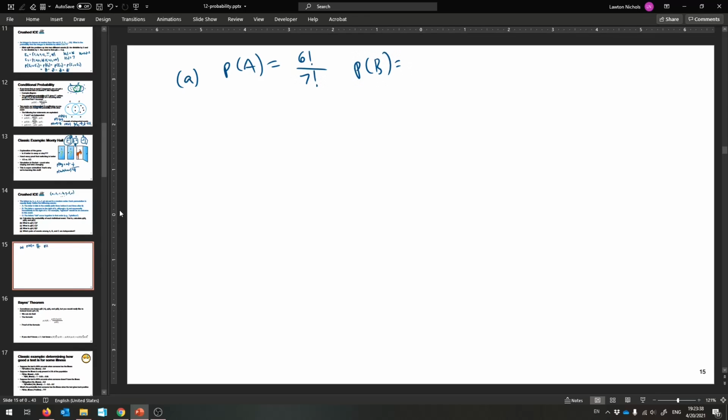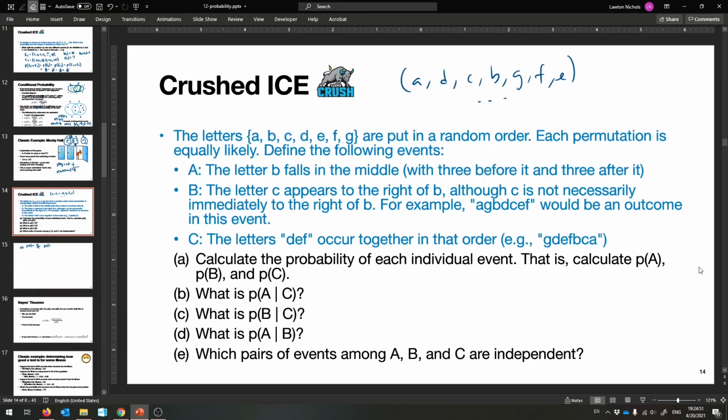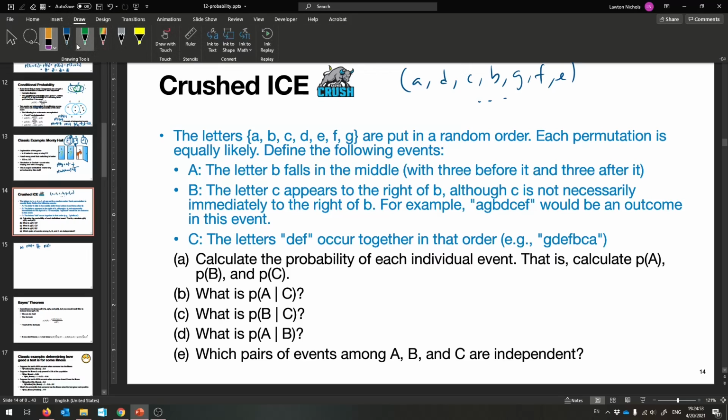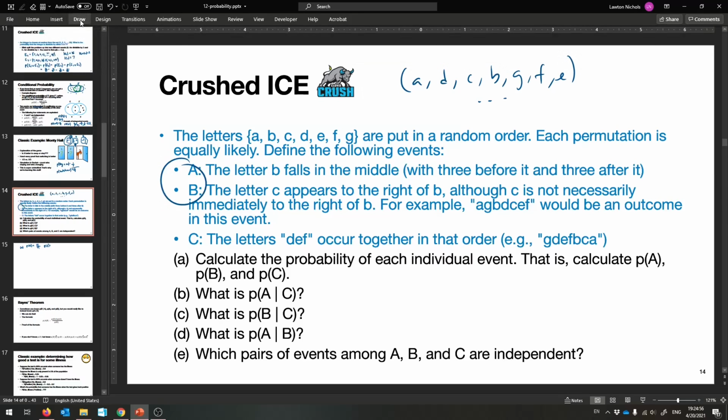P of B now is what? Now for this one, we have the letter C appearing to the right of B, but it doesn't have to be immediately to the right of B. The trick here is to notice that no matter what permutation you end up doing, either B comes before C, or C comes before B. So these are your 2 options.